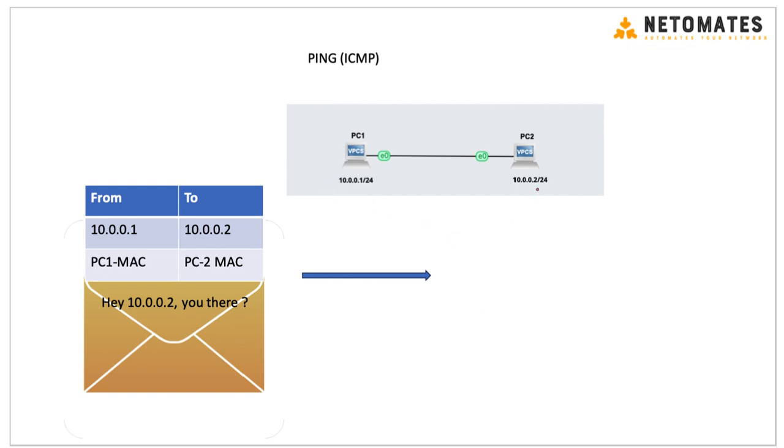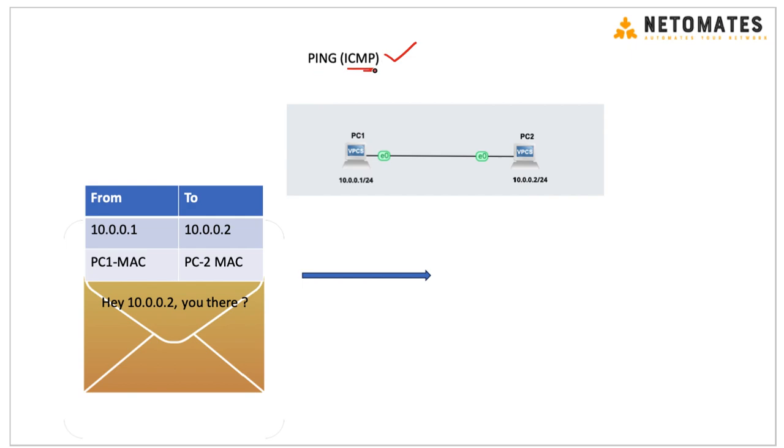Similarly, computers can exchange files, emails, videos, audio, and many other types of data. Depending on the type of data or the protocol, the rules will be different. In this class we are using the protocol ICMP, Internet Control Message Protocol.